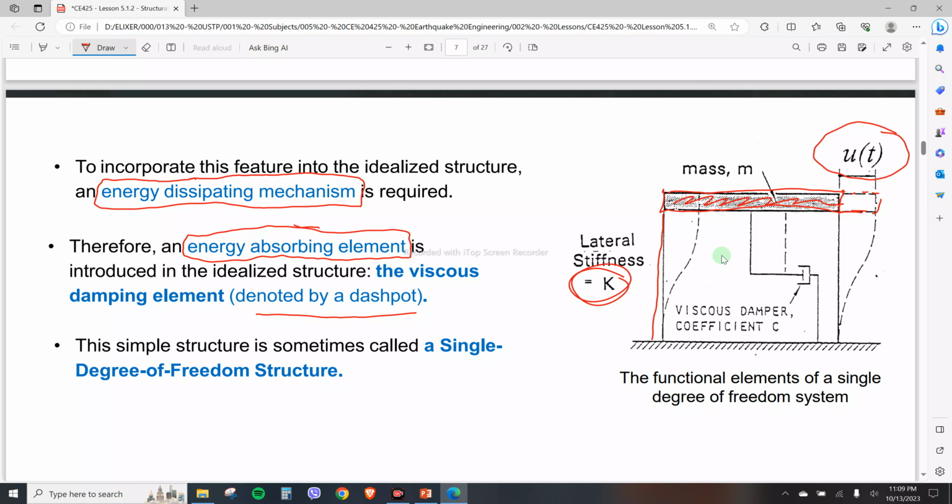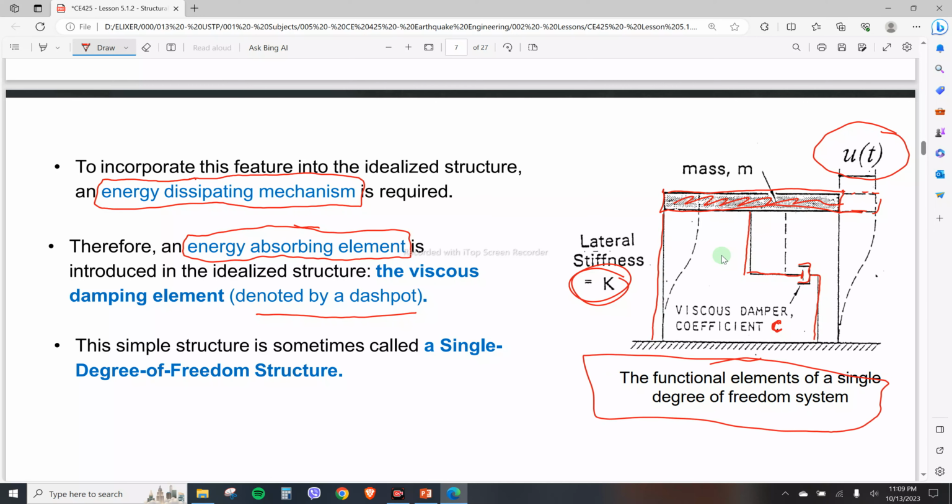And then we added the energy absorbing element symbolized by this one. It's a dash pot, with a damping coefficient with the symbol C. So this becomes now our functional elements of a single degree of freedom system.